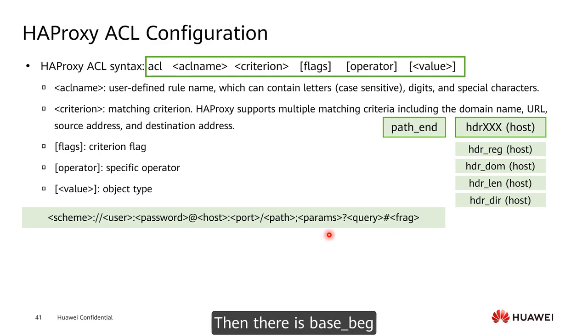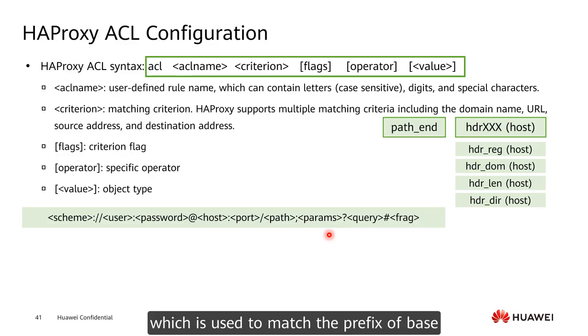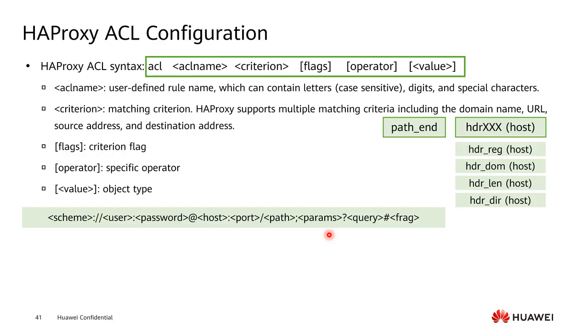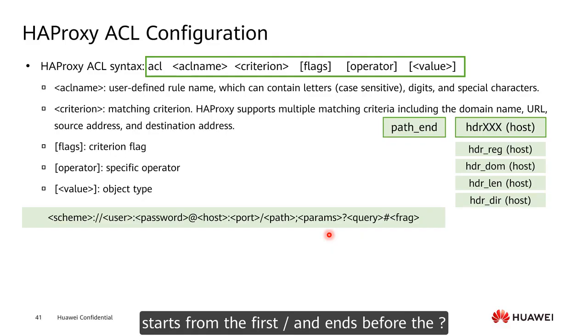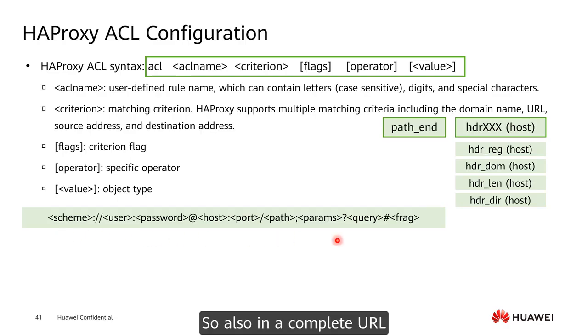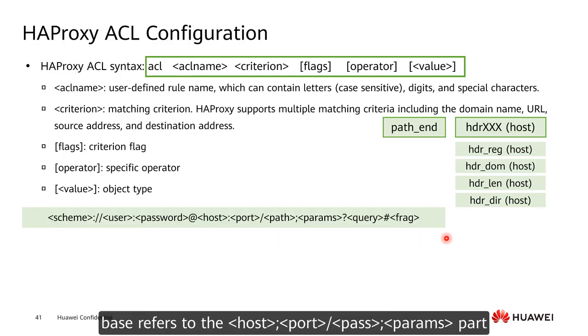Then there is base_beg, which is used to match the prefix of base. Base indicates the concatenation of the first host header and the path part of the request, which starts from the first slash and ends before the question mark. So also in this complete URL, base refers to the host, port, path, and params part.